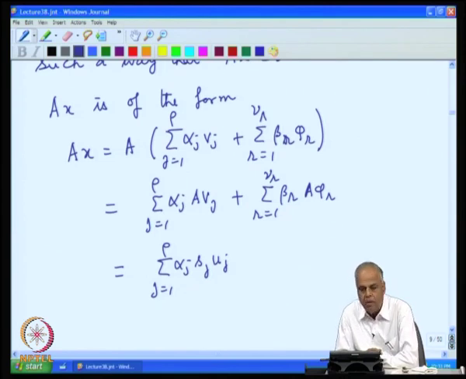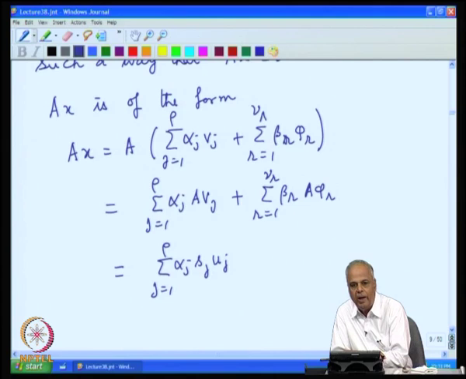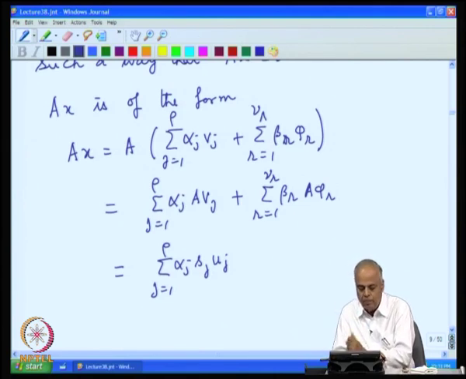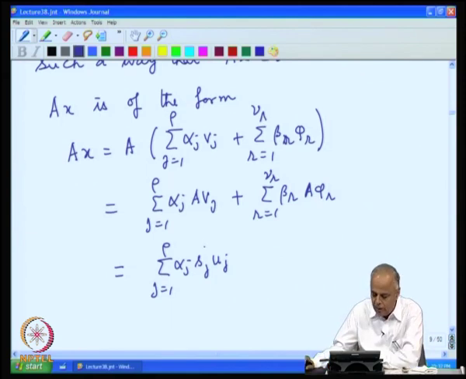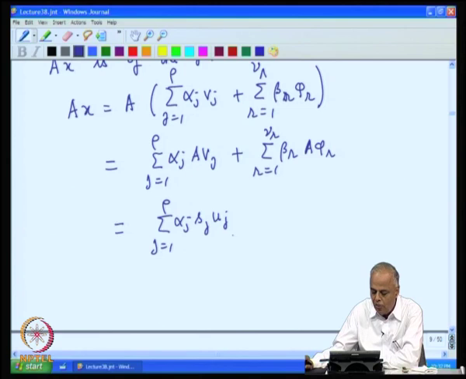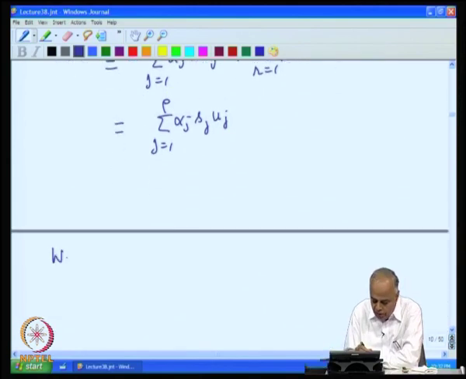In the second sum, all the phi r's are in the null space of A, so A times these phi r's will be the 0 vector. The second term contributes only the 0 vector, and hence we get A x equal to the sum of alpha j S j u j.